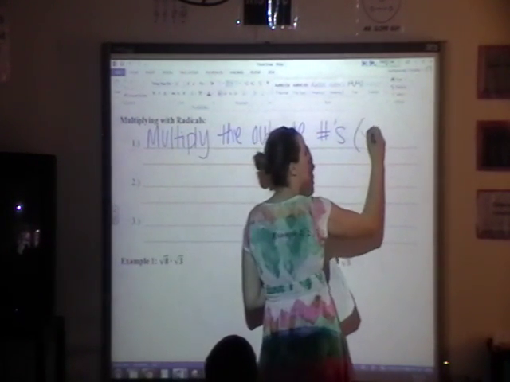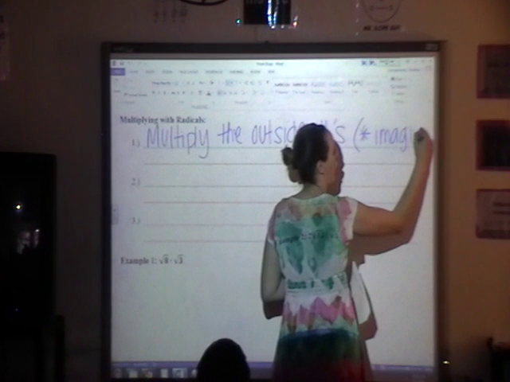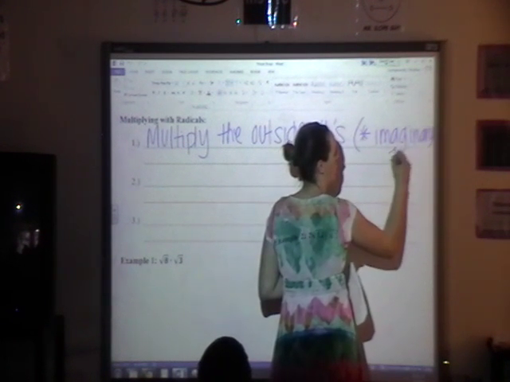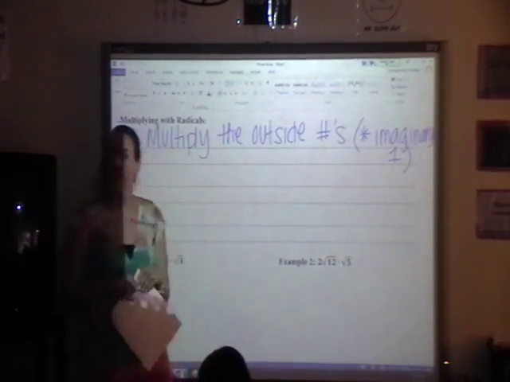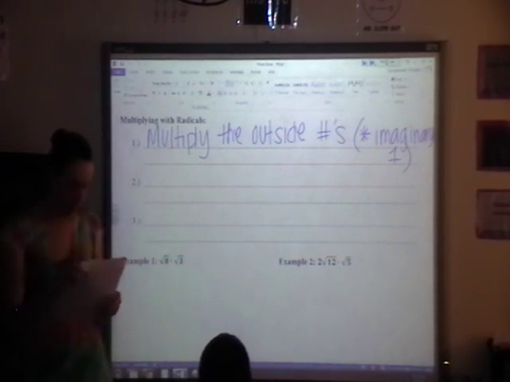And a reminder, imaginary 1. A radical, treat it like a variable. If there's no number in front of it, treat it like a 1.